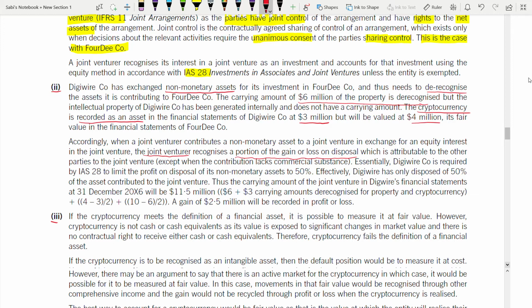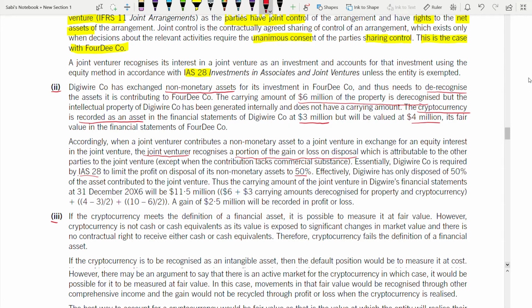Essentially, DGY is required by IAS 28 to limit the profit on disposal of its non-monetary assets to 50%. Yes, 50-50. You have to write the percentage, by the way. If it's two parties, then 50%. Effectively, DGY has already disposed of 50% of the asset contributed to the joint venture.